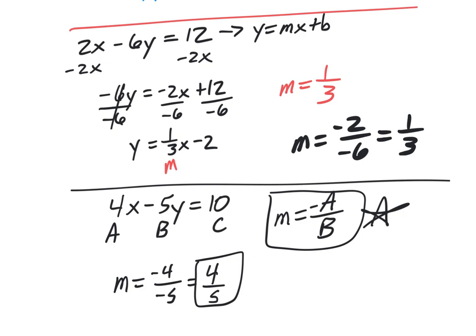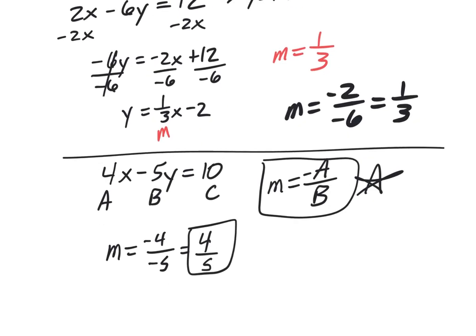But in order to do the shortcut, you got to remember opposite of A over B. That's what gets us to the shortcut. Yep. They both change? Because if you take a negative divided by a negative, what's it make? Positive. Yep. So I just divided it out. Or if you have negative on both, then yeah, negatives disappear.